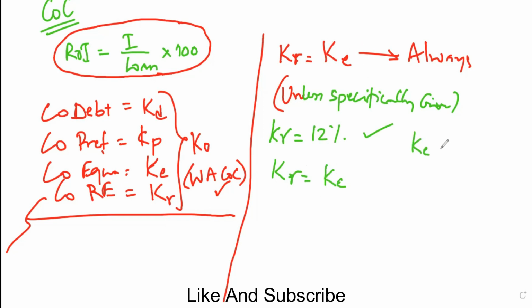Suppose KE is equal to 14%, you have to take KR is equal to 14%. Did you understand this point so far?